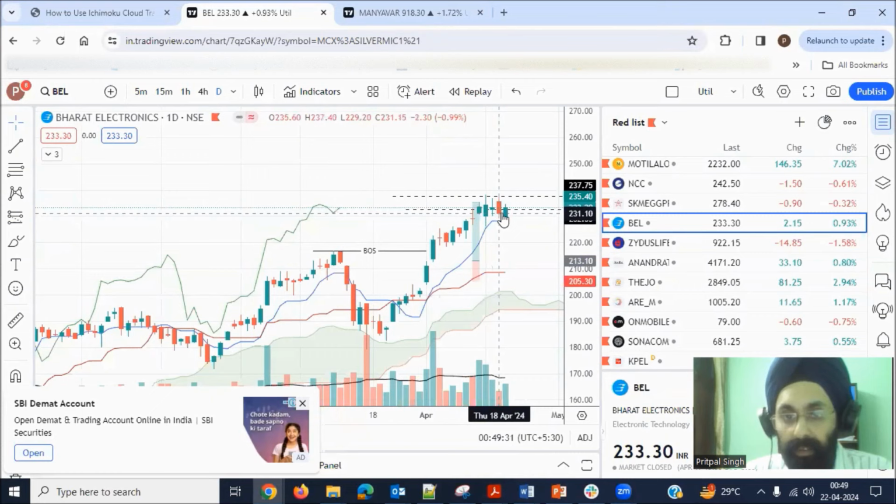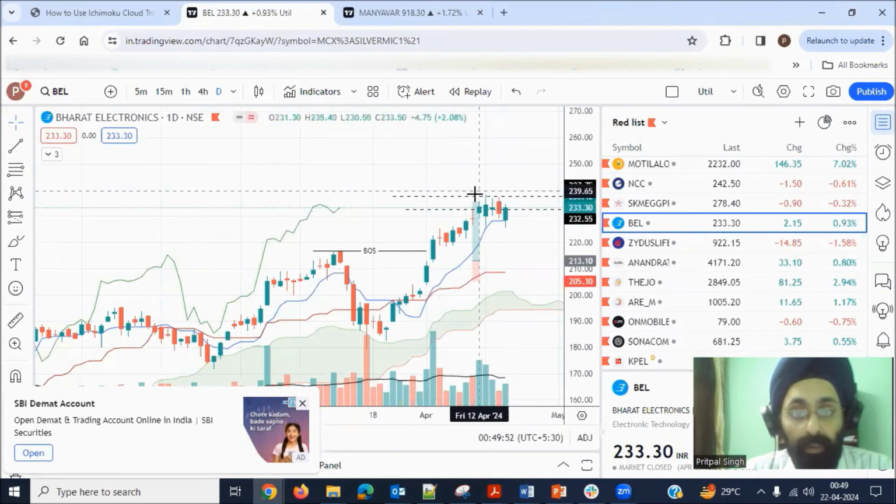Despite the major negative news, the fight between Israel and Iran, and the Mauritius tax treaty which has been announced recently, which is very negative news, and FIIs continuing with the selling for the last 3 days, and the inflation data of the US being very bad, the inflation is higher than expectations.